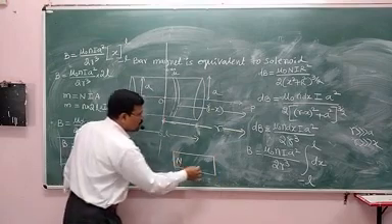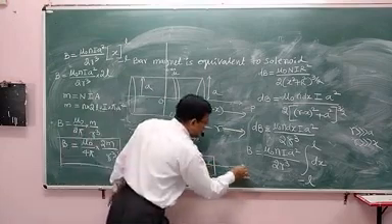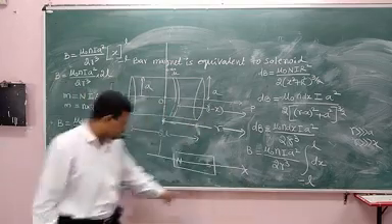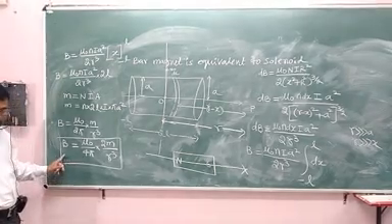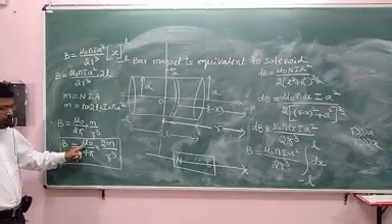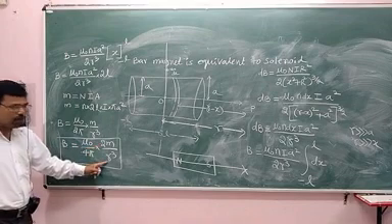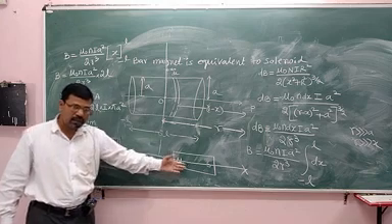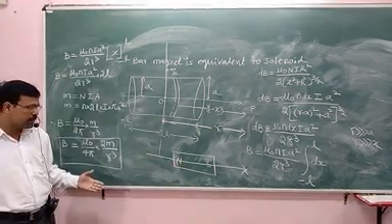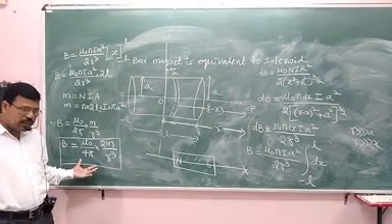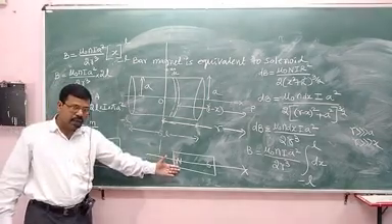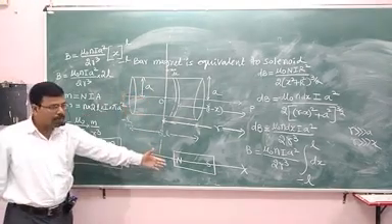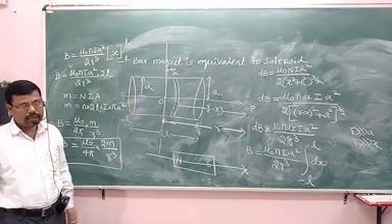If we have a north pole and south pole, this is the axial line, and the magnetic field produced at the axial line is B is equal to mu naught by 4 pi into 2m by r cube, where m is the magnetic moment of the bar magnet. This is the equation for a bar magnet, and the same equation we can prove from a solenoid. Hence, bar magnet is equal to solenoid.